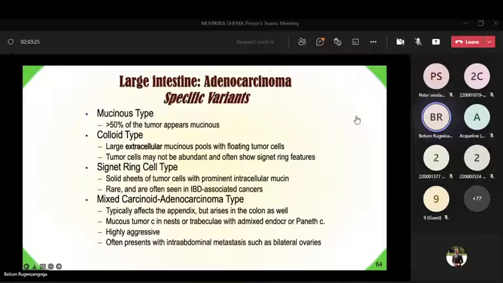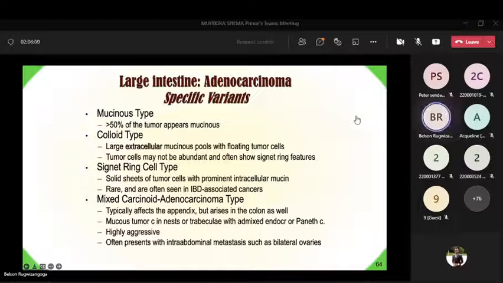As for the subtypes and variants, there is the mucinous type, as I said. We say the tumor is mucinous if more than 50% of the tumor mass or cells have mucin production. If more than 50% of the volume of the tumor produces mucin, we say this is a mucinous type. The colloid type has large extracellular mucinous pools with floating tumor cells.